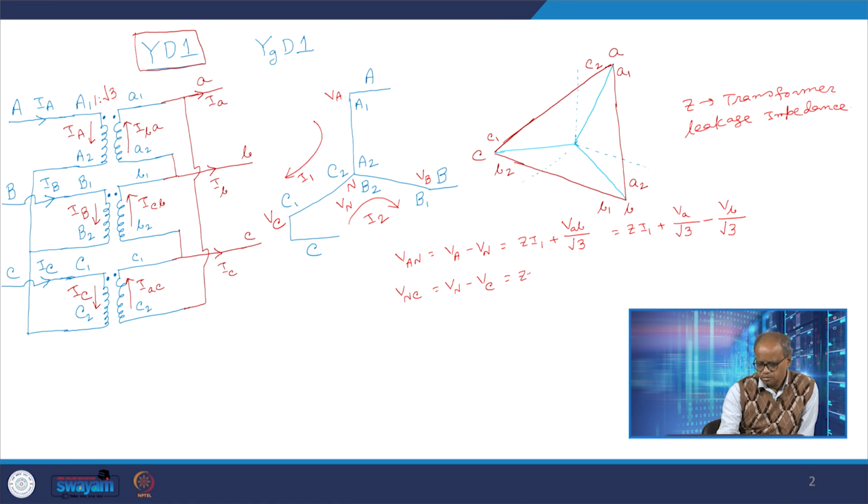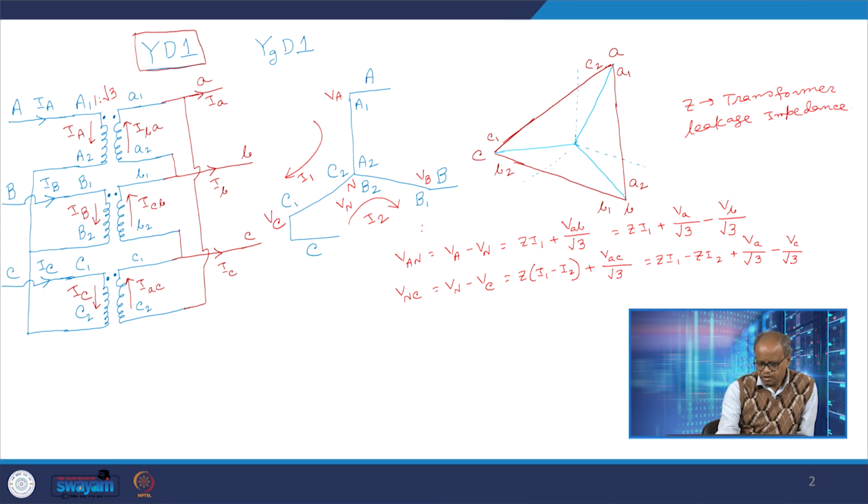So the drop due to this current is Z into I1 minus I2, plus in this direction the voltage drop is, since this line is parallel to this line, VAC by root 3. So it is Z into I1 minus Z I2 plus VA by root 3 minus VC by root 3.